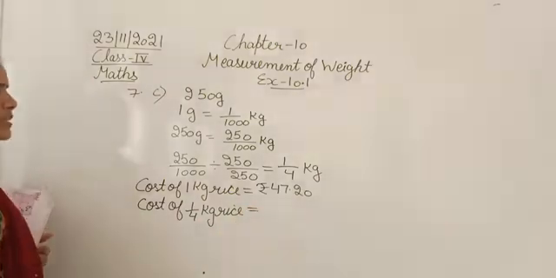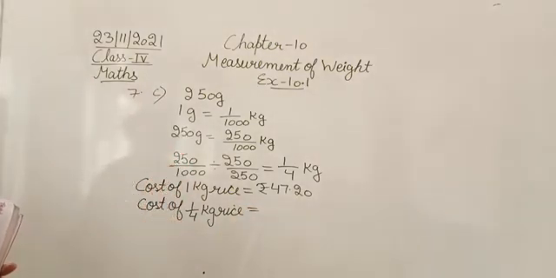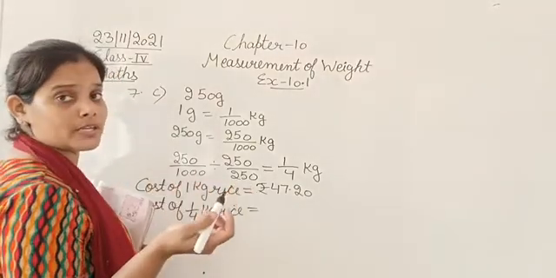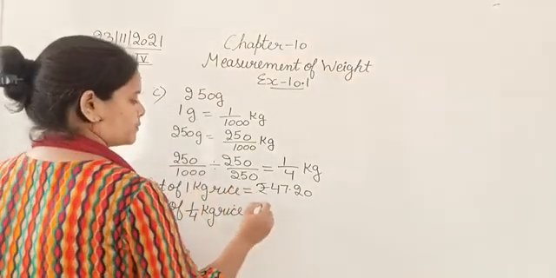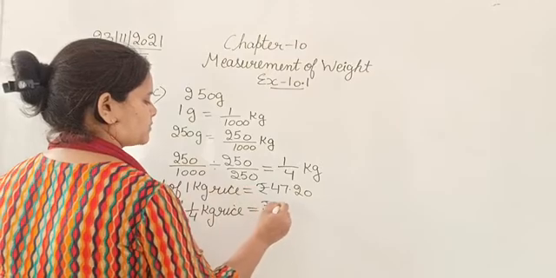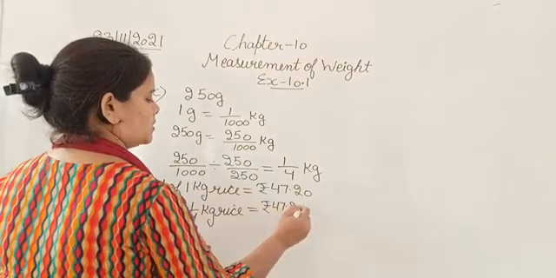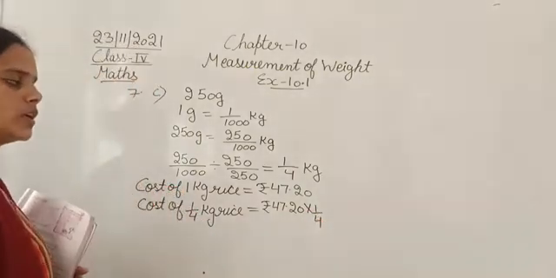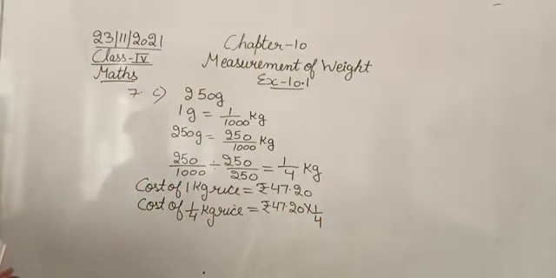So for that we will multiply the cost of 1 kg with the quantity of rice, that is 1 upon 4. So 47 rupees 20 paisa multiply by 1 upon 4. Okay.